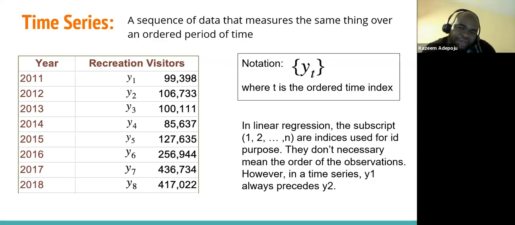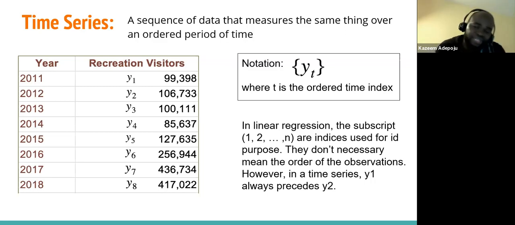Where you have y1, y2 up to y whatever, depending on the number of observations you have, those are not time series, they are not collected over time, so they don't necessarily mean the order of the observations.